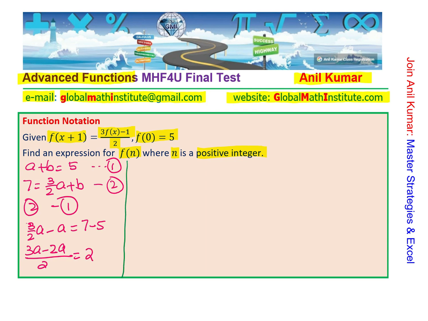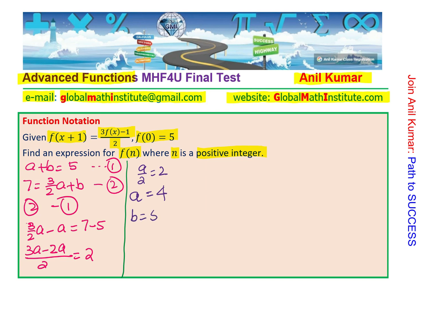So from here, we can get the value of a. a by 2 is equal to 2, or a equals 4. So we get the value of a as 4 and b equals 5 minus a. So b equals 5 minus 4. So b equals 1.